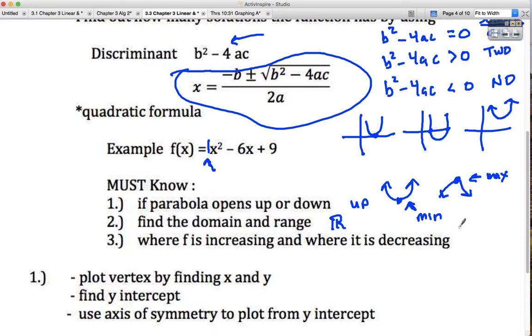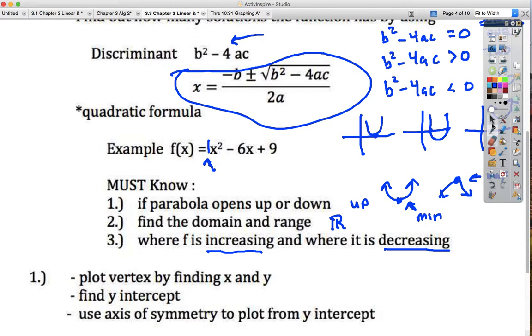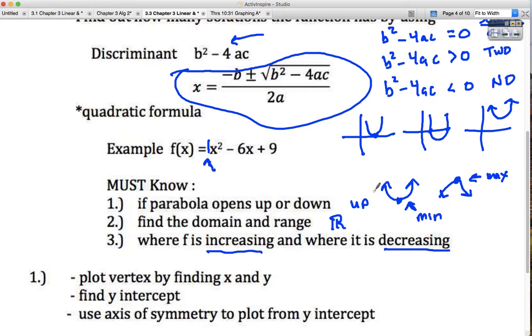Okay? You also need to know where the function is increasing or whether it's decreasing. Well, if I look at a parabola that is U-shaped up, I know that on one side it's doing one thing, and on the other side it's doing the opposite. In the case of U-shaped up, it would be decreasing from negative infinity to wherever the vertex is.